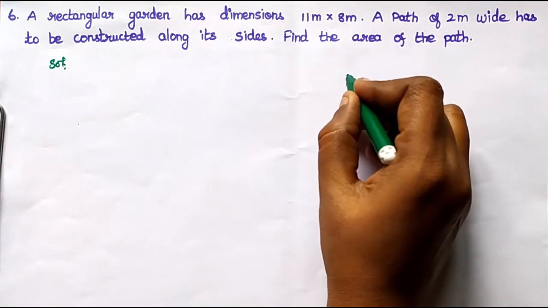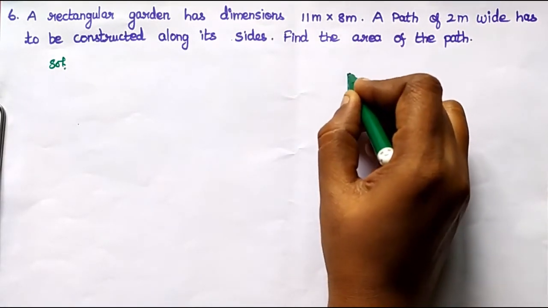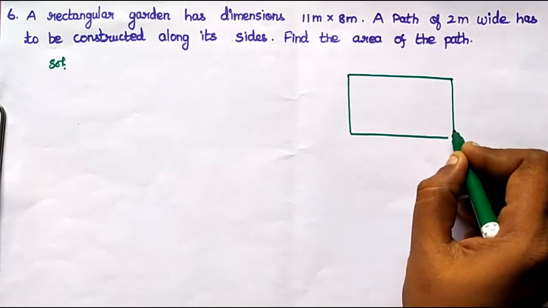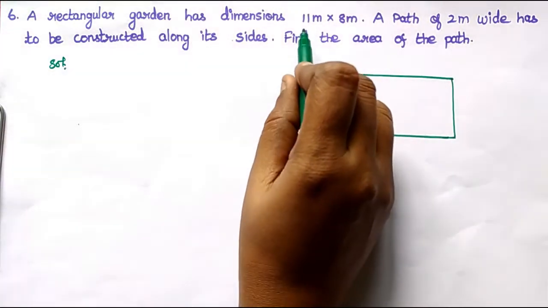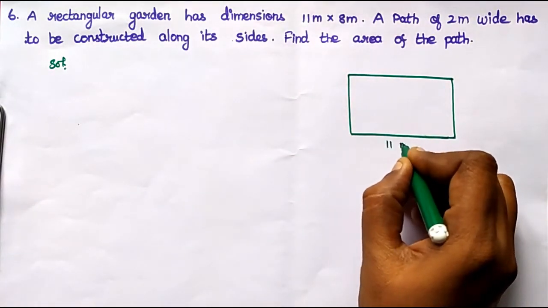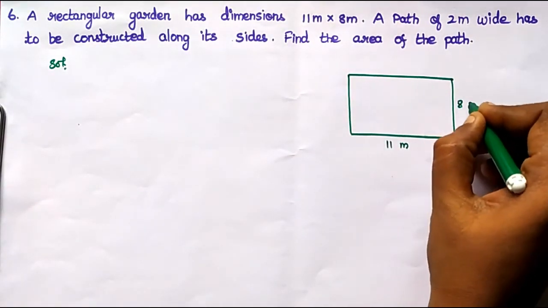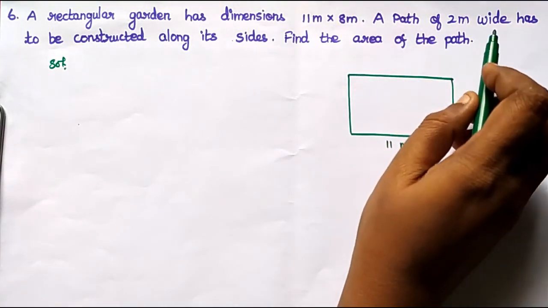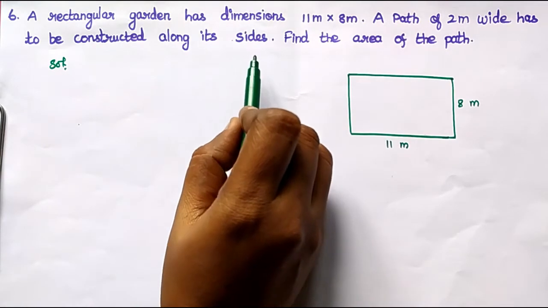A garden is there. It is in rectangular shape. Its dimensions means length into breadth. So length is 11 meter, breadth is 8 meter. A path of 2 meter wide has to be constructed along the sides.